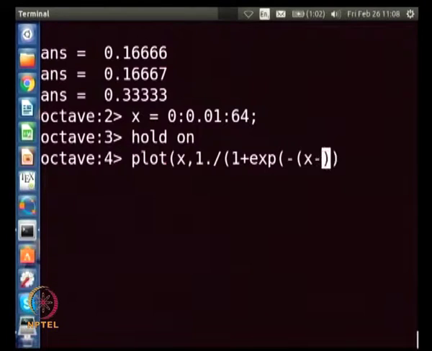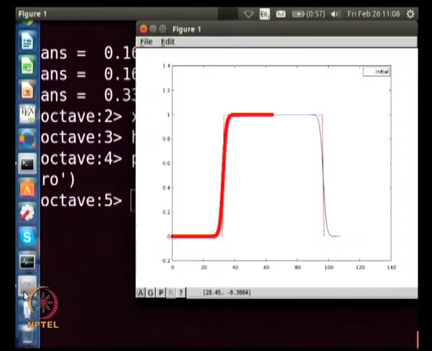So, x minus 32.50. That is the curve. And I am going to plot it with red open circles, so that we will be able to easily identify that on the curve. So, let us go back to the curve and see what has happened.